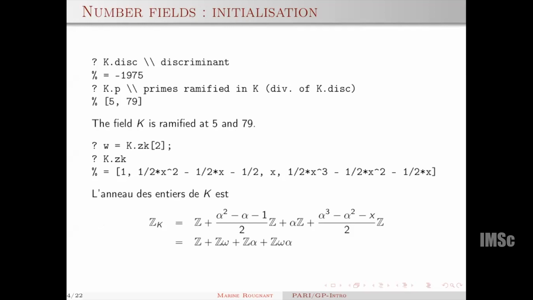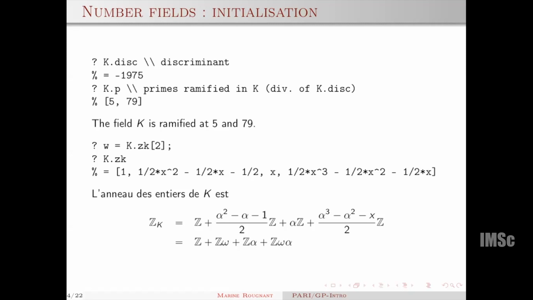You can also have the discriminant of your number field with K.disc, and K.p gives you the list of ramified primes. So this is the divisors of the discriminant. So here my number field is ramified at 5 and 79.